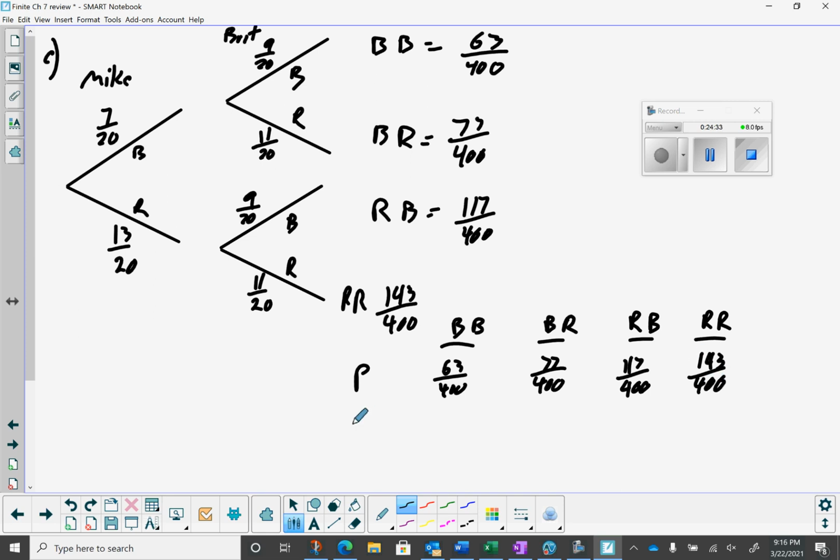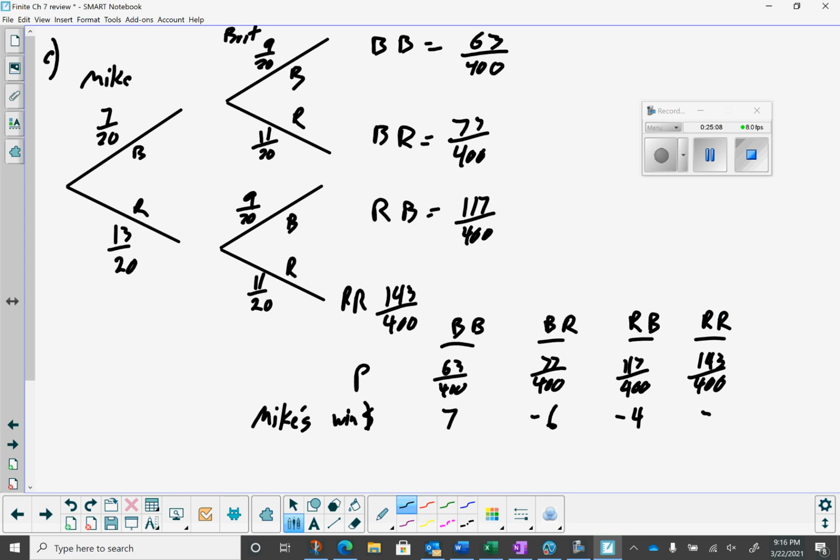So then we put, again, from Mike, if both of them are black, he gets 7 pennies. If it's black, red, he has to pay 6. If it's red, black, he has to pay 4.